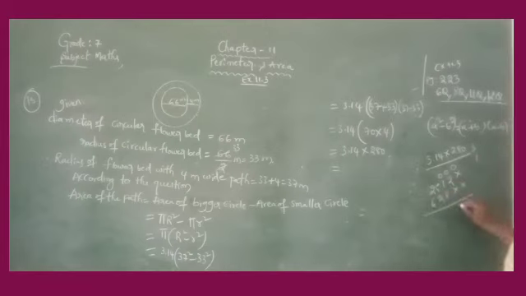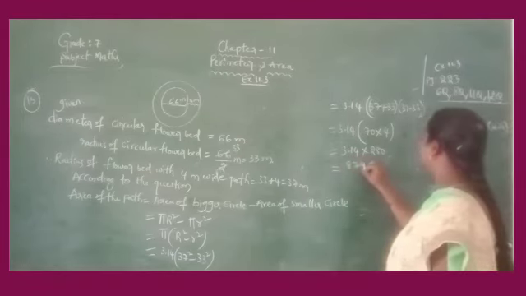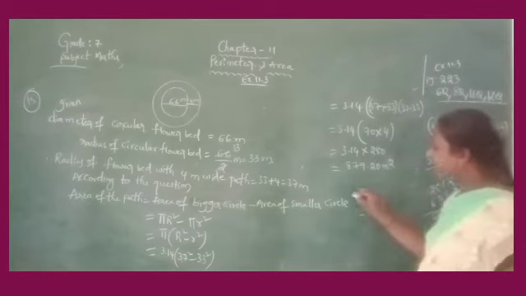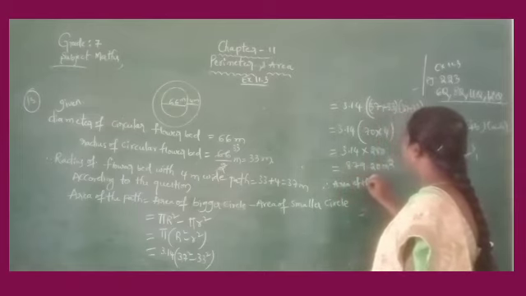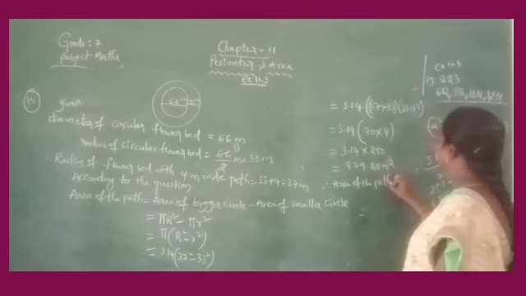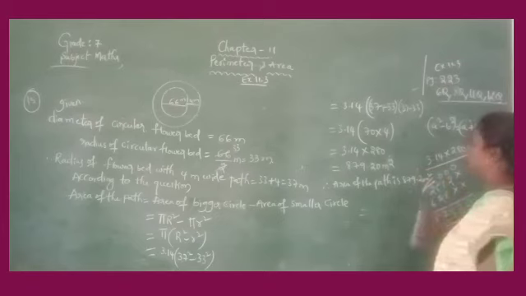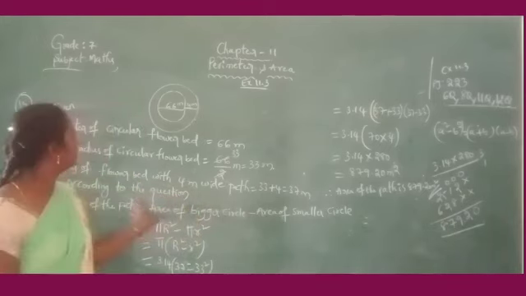Then add: 0, 2, 9, 7, 8. So where is the decimal point? Before the 2. That is 879.20 meter square. So tell me, what is the area of the path? Therefore, the area of the path is 879.20 meter square.